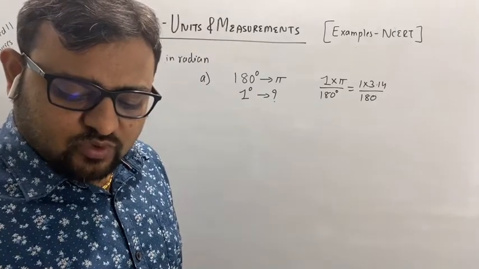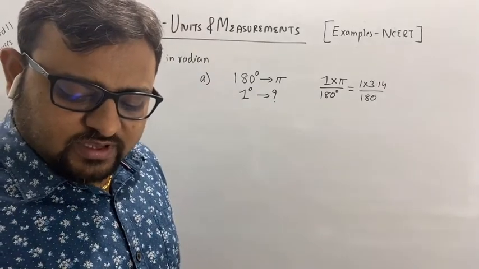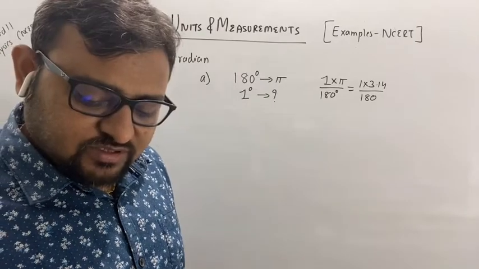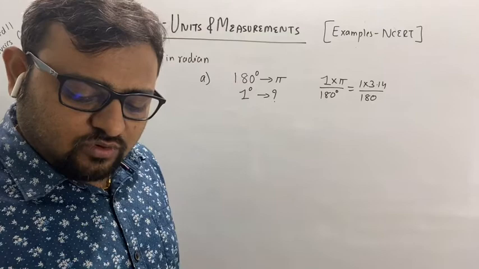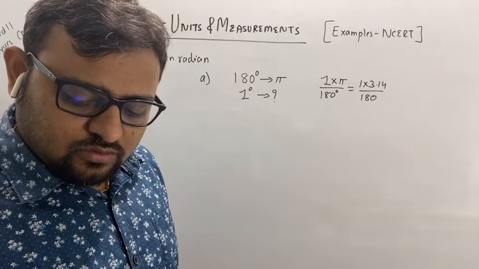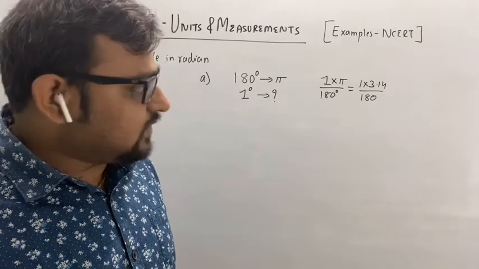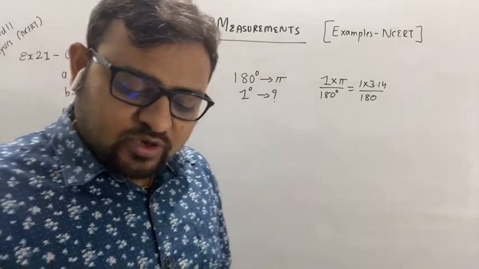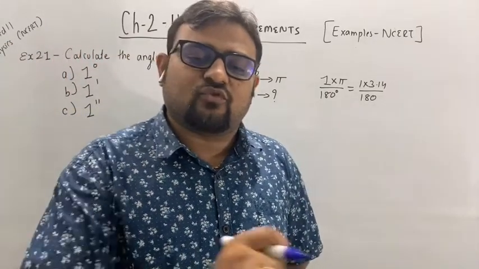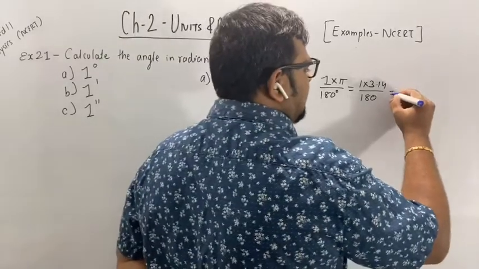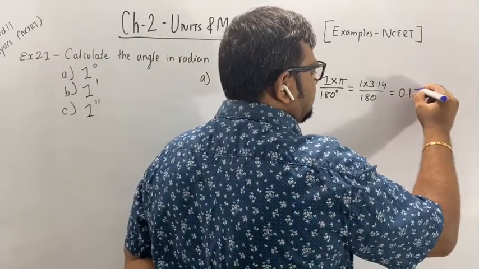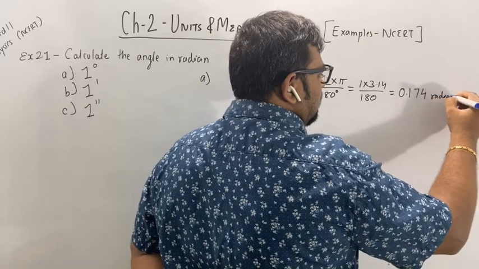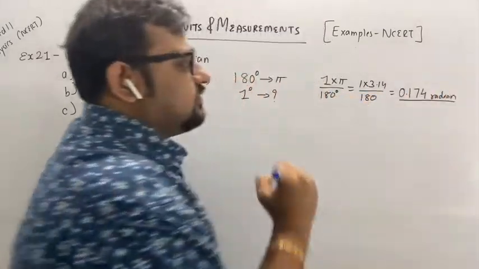Let me calculate it. 3.14 divided by 180 is equal to 0.174444. So this will be equal to 0.174 radian.